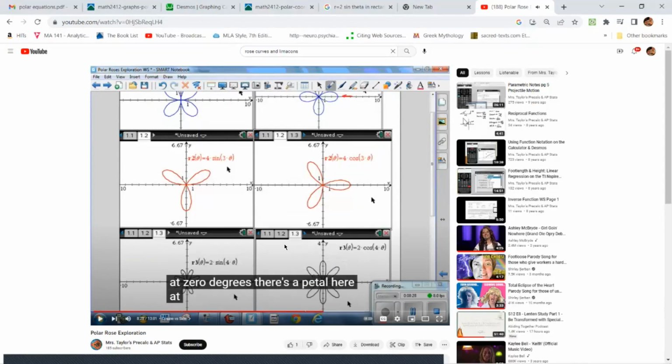Now, here she gave them to you, but here's a nice thing about it. Notice that on this screen here, we have 4 sine 3 theta, right? 3 petals because it's odd, 4 units long. Sine does not start on the polar axis.